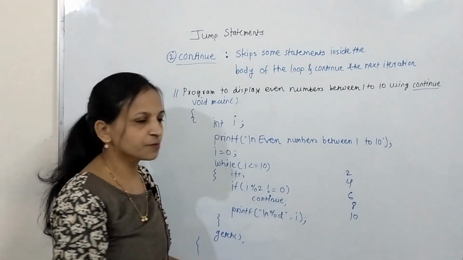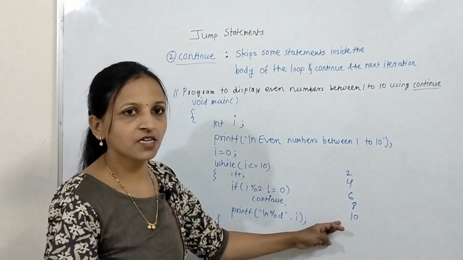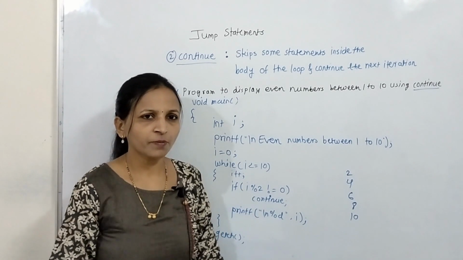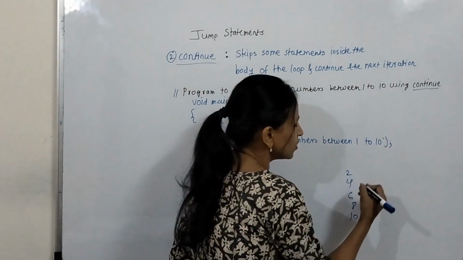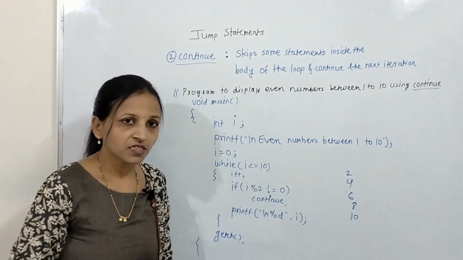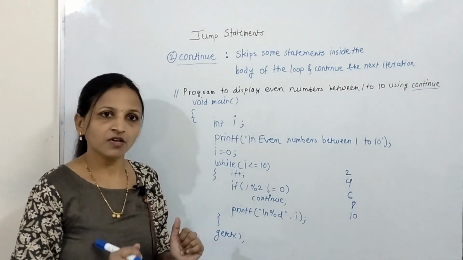These are the even numbers between 1 to 10. Suppose we want to display these onto the screen as output. Then we can use the normal flow, like only a while statement. Without continue also we can do this, but to get an understanding of the continue keyword, I have done this program with the help of continue.